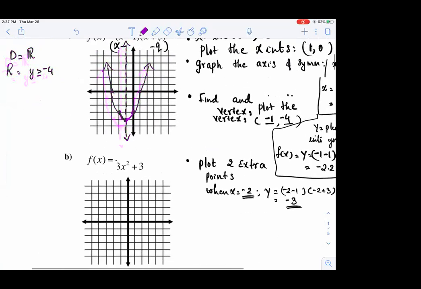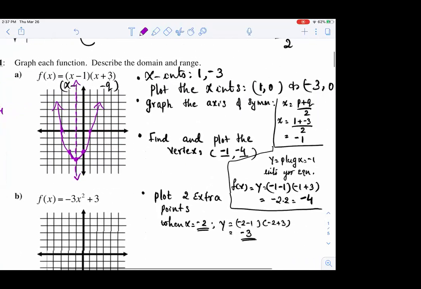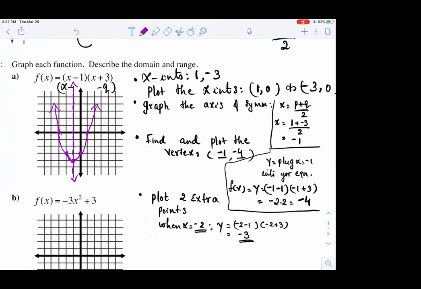Okay, one more time. What we did is find the x-intercepts. You plot the x-intercepts. You found the axis of symmetry and graph it. You found the y-coordinate of the vertex by plugging this into your function. This work right here.